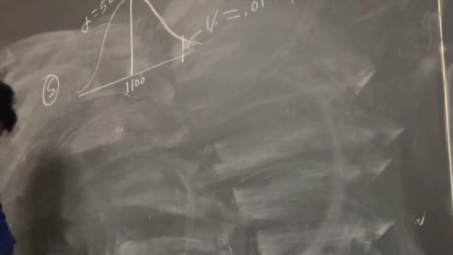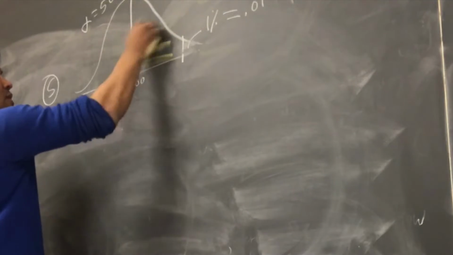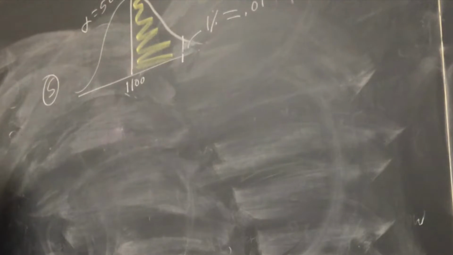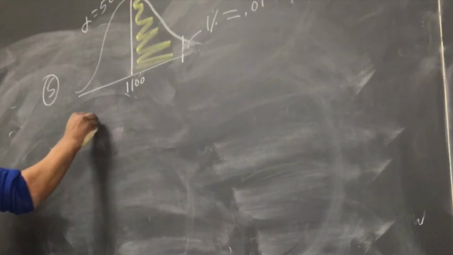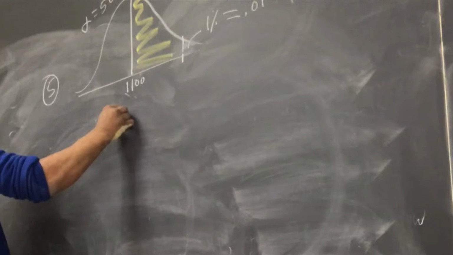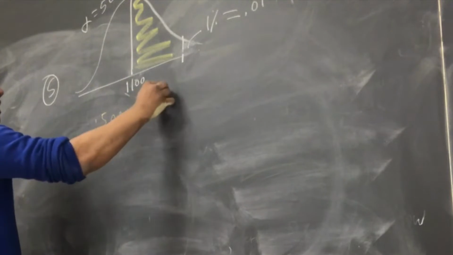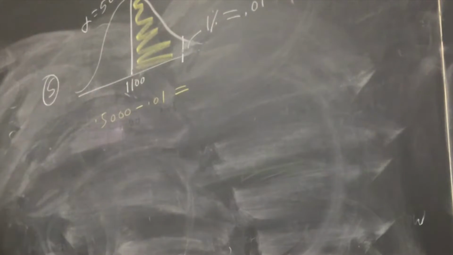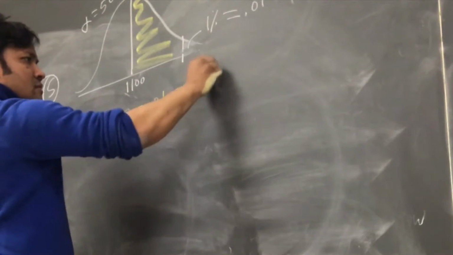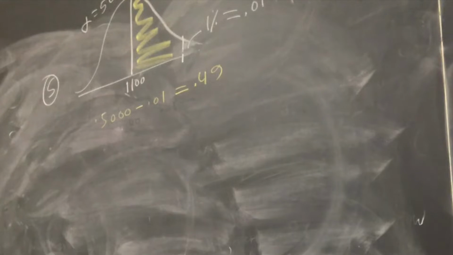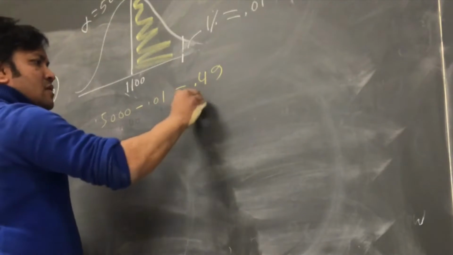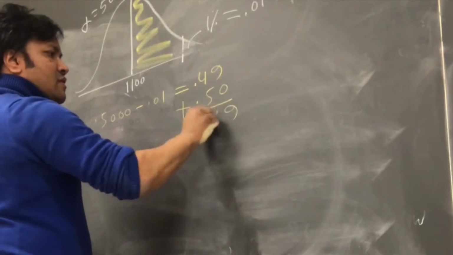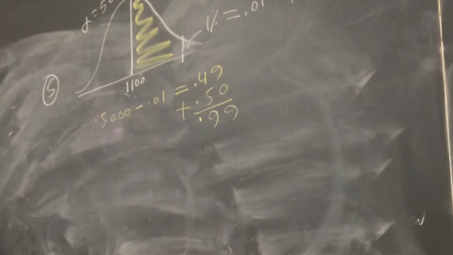What is the yellow? What is the whole thing? The whole thing is point 5000. 0.5000 minus 0.01 is how much? 0.49. 0.49 plus 0.50 is how much? 0.99.